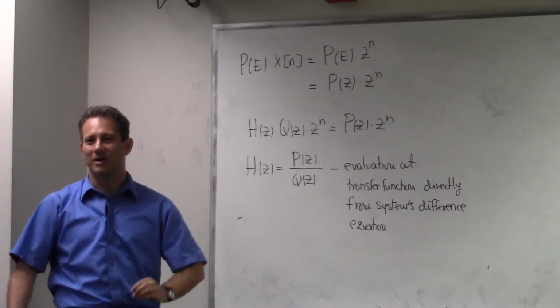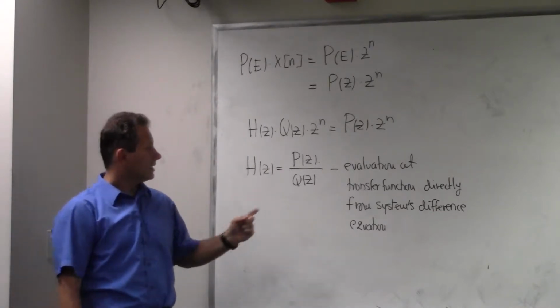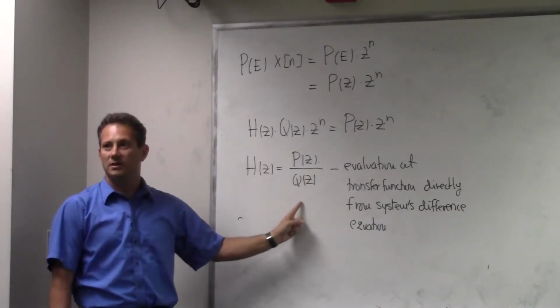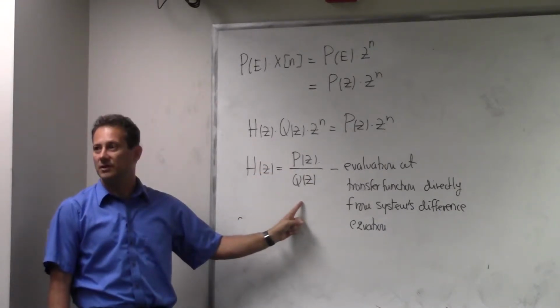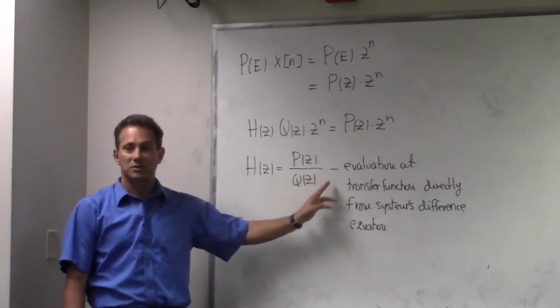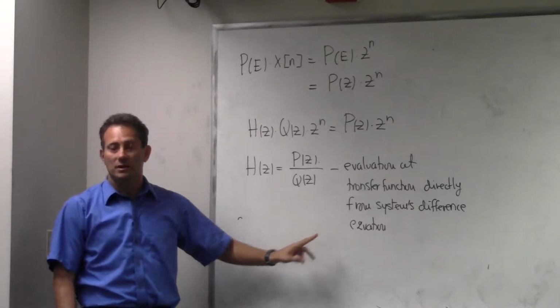You have to say, okay, I'm going to budget 15 minutes, make sure that I do it right. Well, look at this. H of z can be determined very easily. H of z is trivial: P of z over Q of z. It comes by inspection from the difference equation.